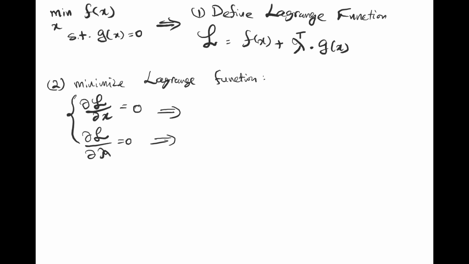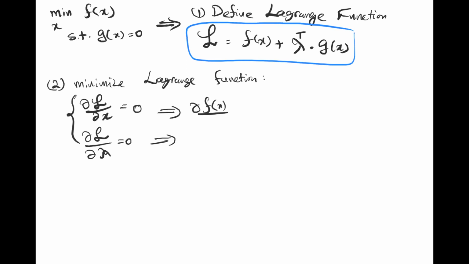The derivative of the Lagrange function with respect to x is going to be the derivative of f of x with respect to x plus lambda transpose times the derivative of g of x with respect to x, equal to 0.